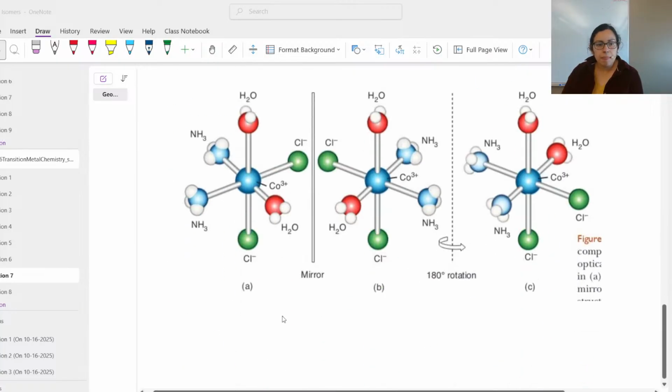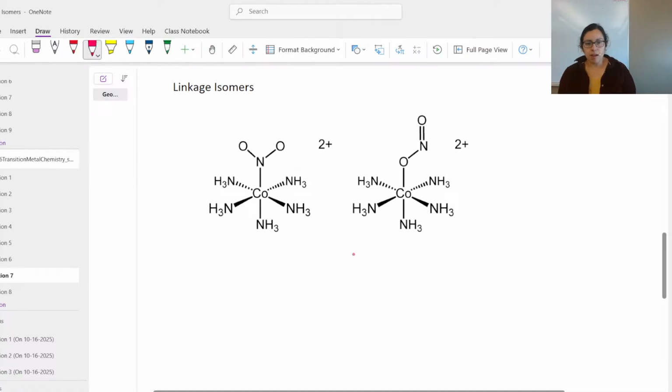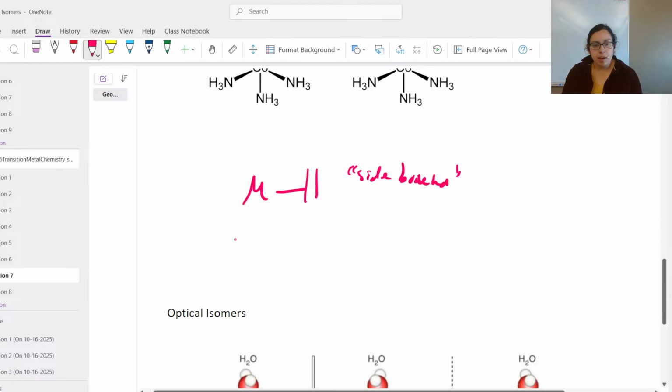I didn't get an example of this, but another common kind of linkage isomer is going to be like ethylene, and so it can be side bound here, or other ethylene-like complexes, right?